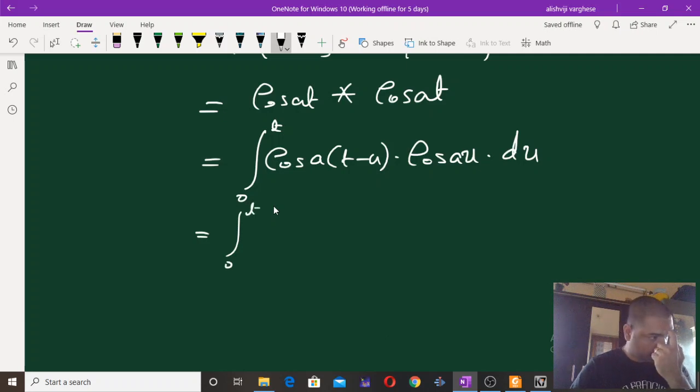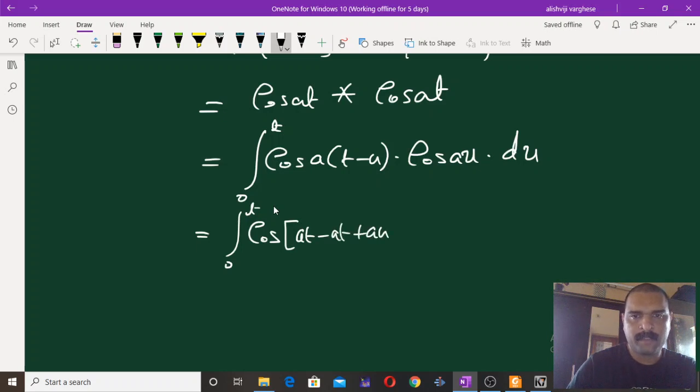It is of the form cos A cos B, and cos A cos B is equal to cos of A plus B plus cos of A minus B, all divided by 2.